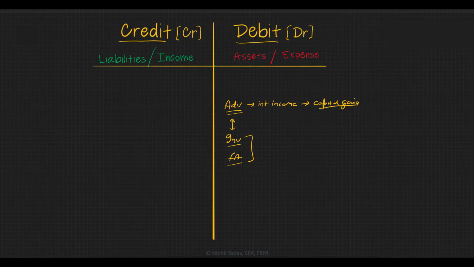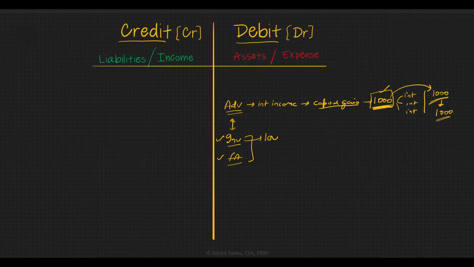What I mean by this is, if I give an advance of 1000 rupees, this is the principal that I'm giving, I will definitely earn some interest income on it and eventually I'll get my 1000 back as well in the process. But this principal invested will never increase in value. I would not be getting more than 1000 as recovery of the original investment made, which is not the case with investments or fixed assets.